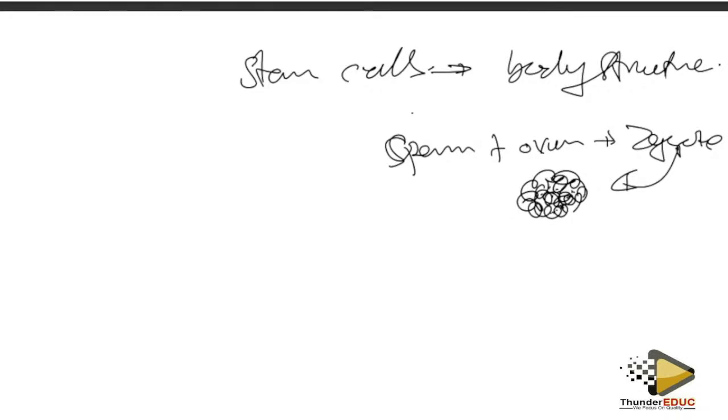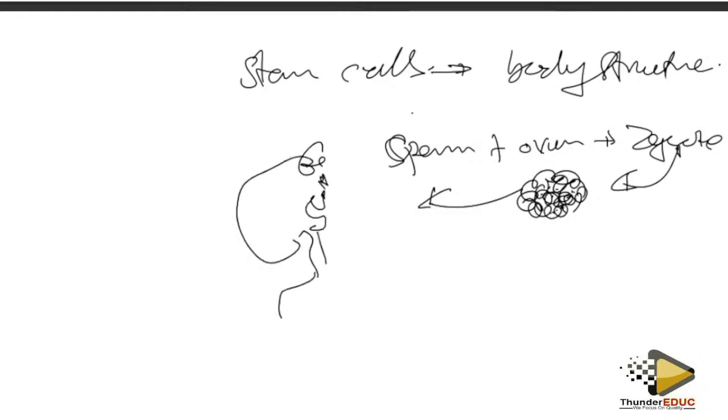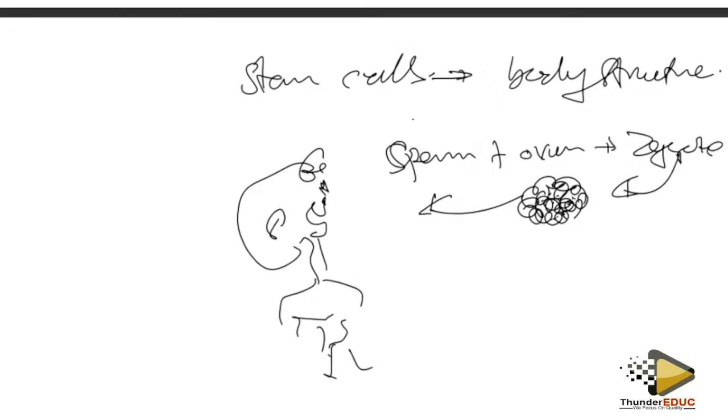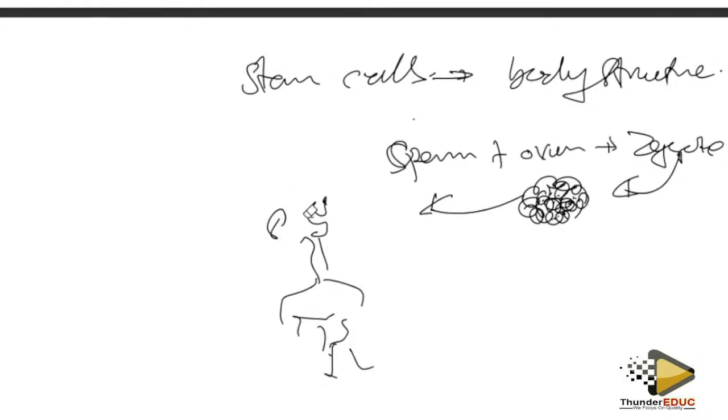It's just a ball of cells. These cells have the ability to divide again to form other body structures. Then you have the eyes, the ears, everything. So we call them stem cells. Those are cells which have the ability to divide to form other body structures.